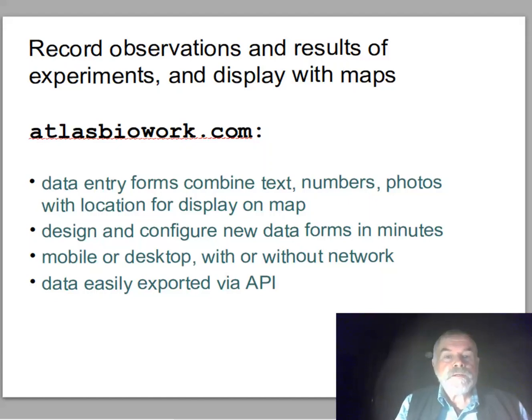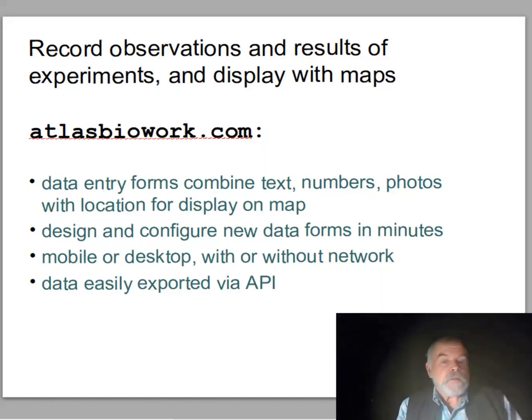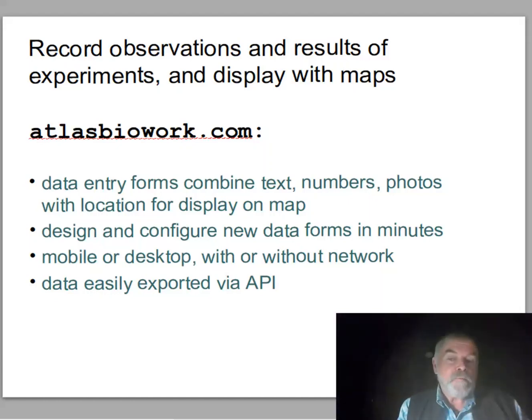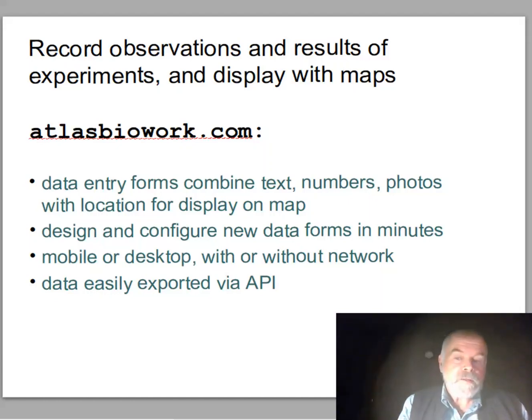What this does is record observations and results of experiments and display them on maps. Data entry forms can combine text, numbers, and photos with location for display on a map. Like Open Data Kit, it's easy to design and configure new data forms in a matter of minutes and put them up on the website ready for use.